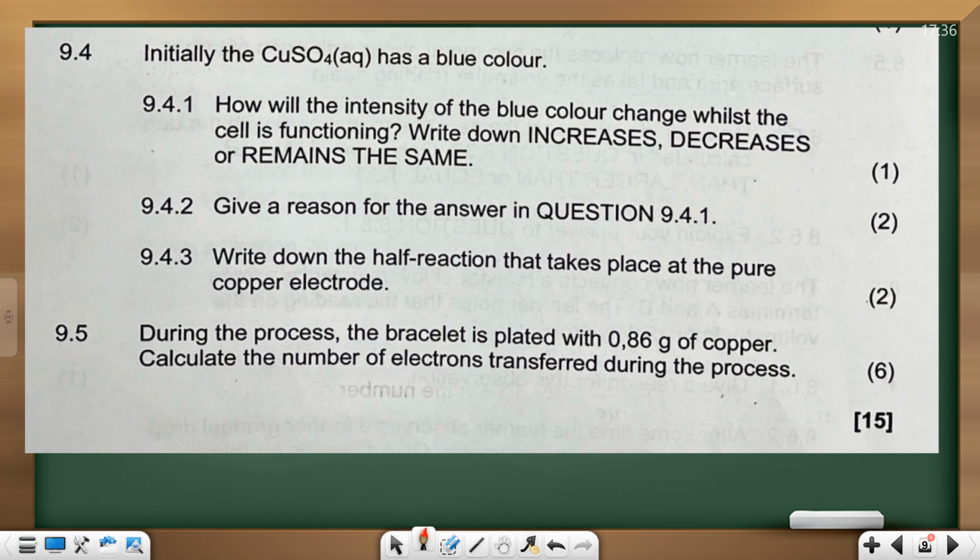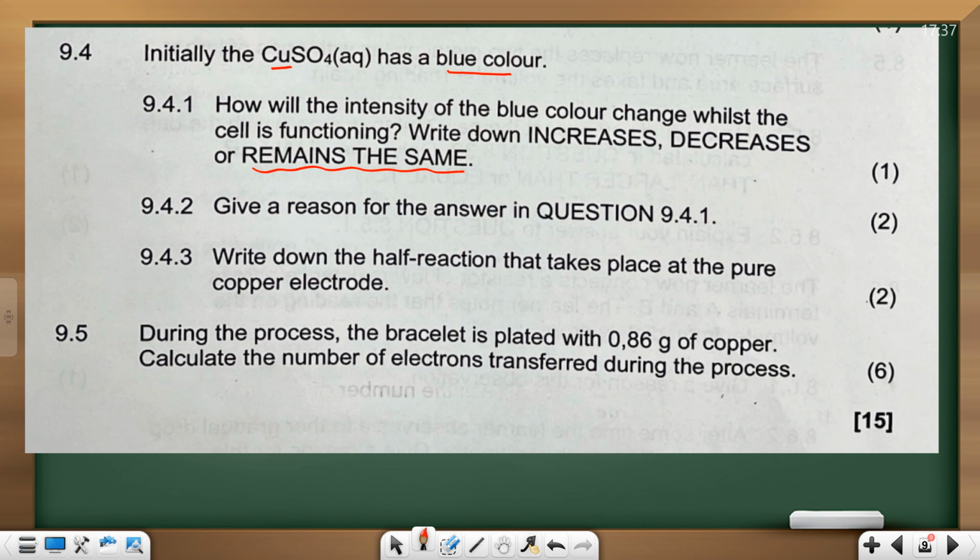All right? Initially, what do you notice? The copper sulfate has a blue color. Why is it blue? Because of copper. Now check. How will the intensity of the blue color change while the cell is functioning? Give a reason for your answer. The rate of oxidation is equal to the rate of reduction.